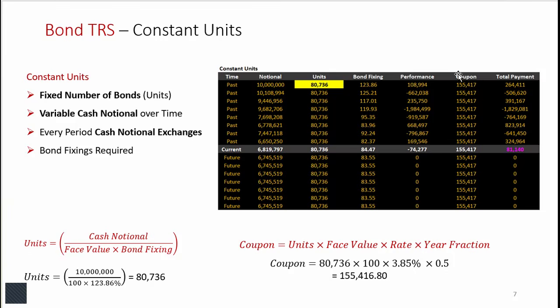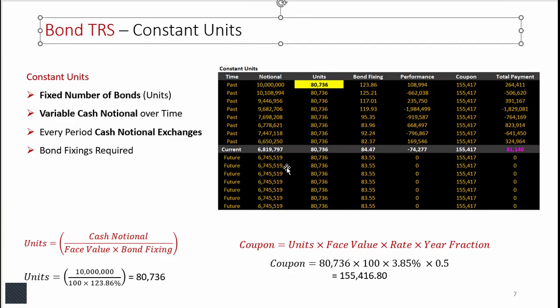Because we have a fixed number of units, a fixed bond with a fixed rate, and the year fraction for this bond is always 0.5, we have the same coupon for the entire life of the trade. If we had chosen constant notional, these coupons would vary, which is what we'll see shortly.